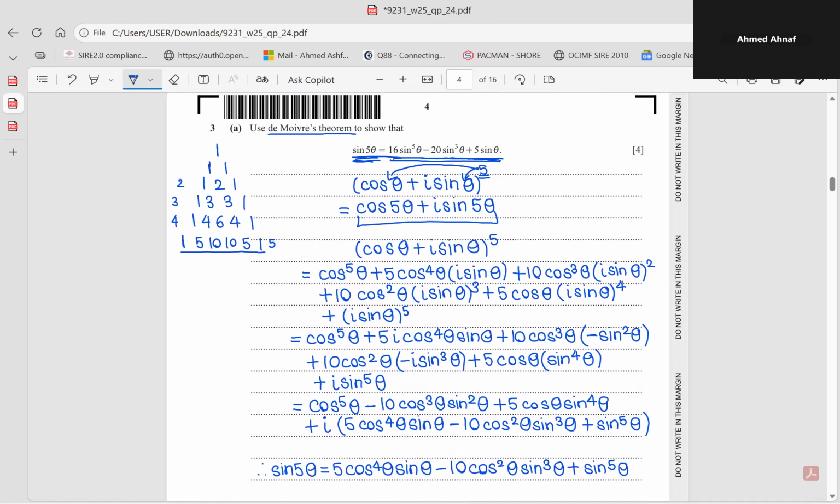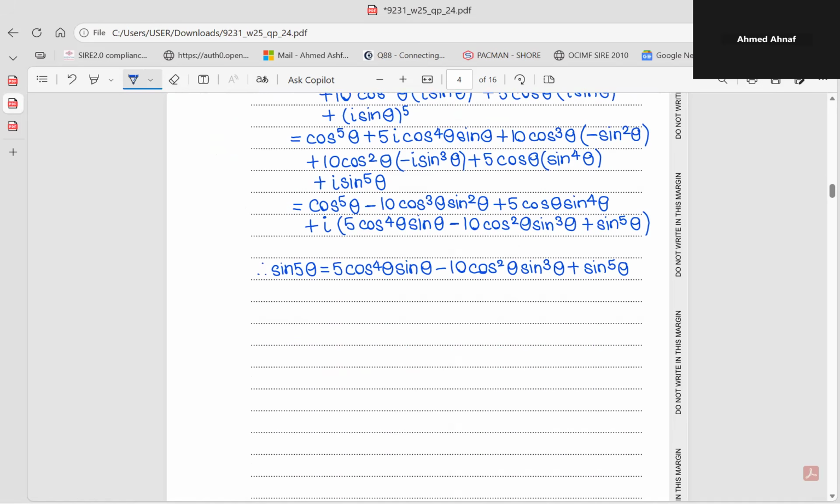Okay, so one thing that we realize about the expression on the right-hand side is that everything should be in terms of sine theta. So therefore, all the cos, we should change it to sine, okay? So to do that, we're going to express cos 4 theta as cos squared squared.